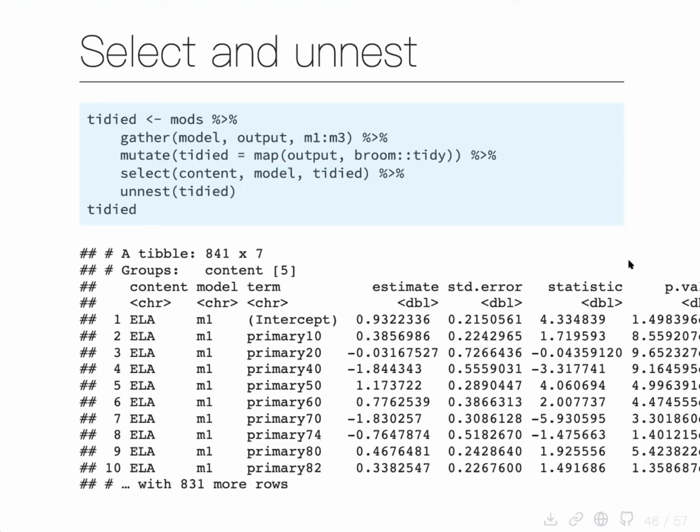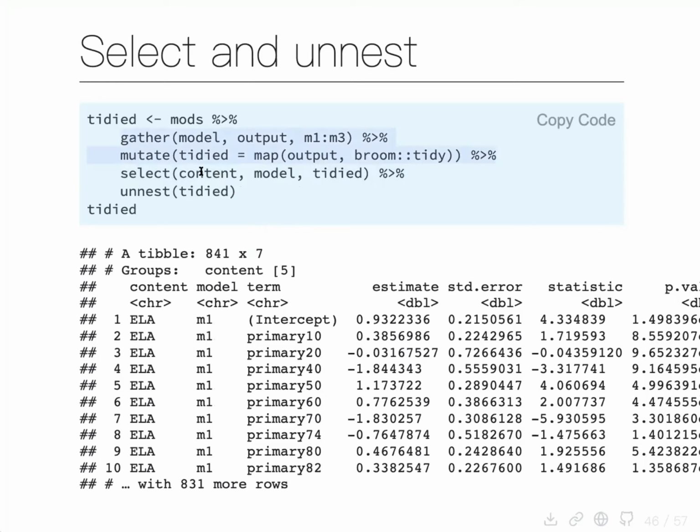Okay, now we want to actually select just the model, the output, and this is old. So this is all the stuff we did on the previous slide, just old code. We want to select just the content, the model, and that tidied column, and then we say unnest tidied.